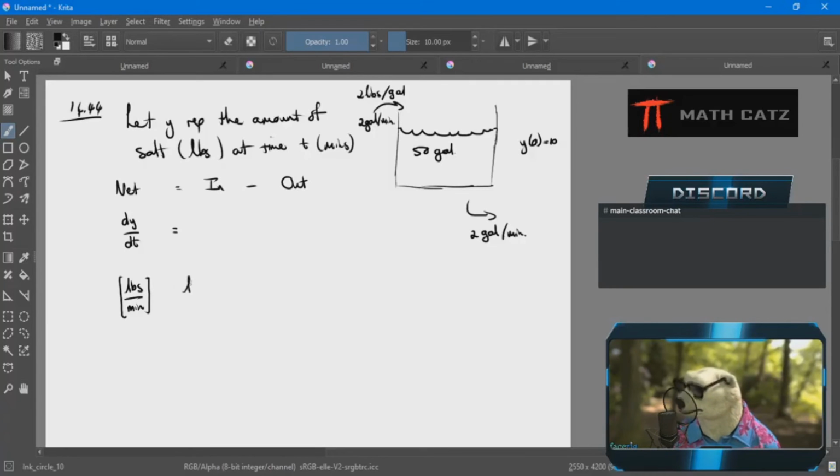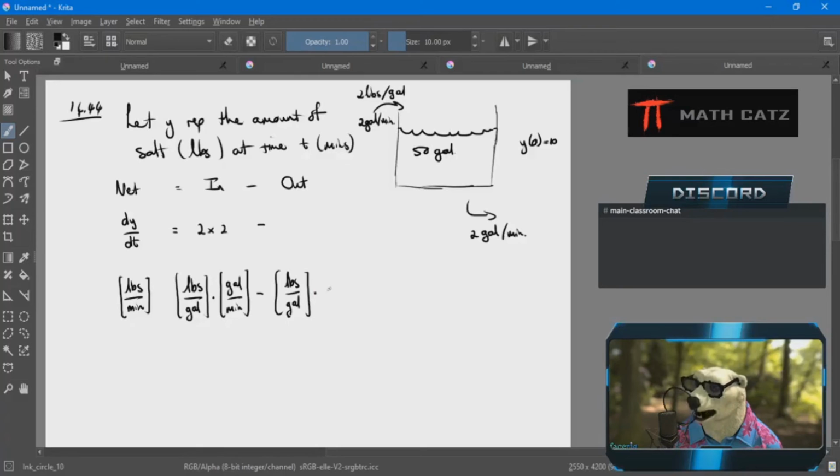They tell me 2 pounds per gallon at a flow rate of 2 gallons per minute. So therefore, 2 times 2 pounds per minute minus out will be, well, I need to find the pounds per gallon, and then I'm going to multiply that by the 2 gallons per minute.